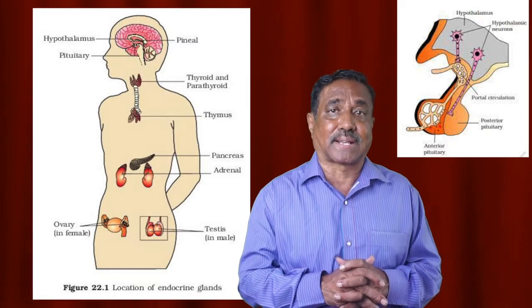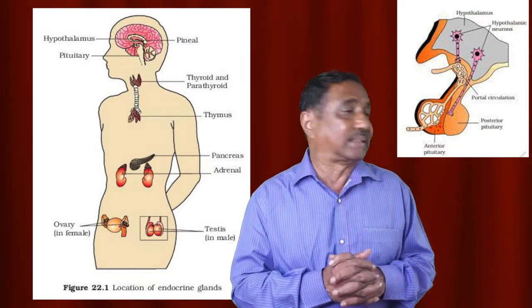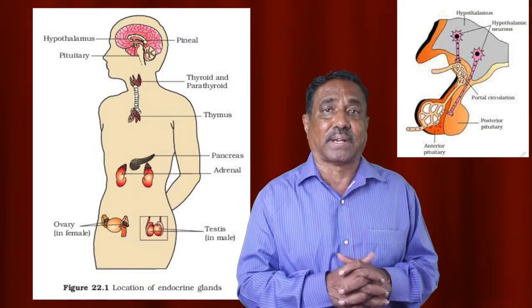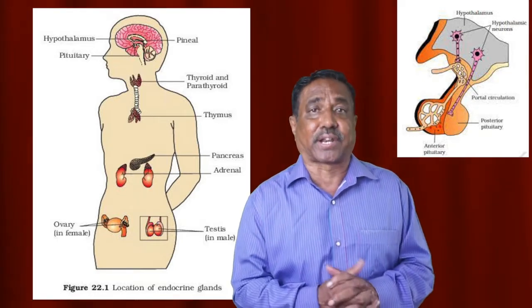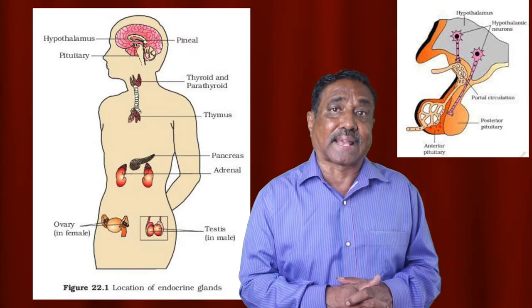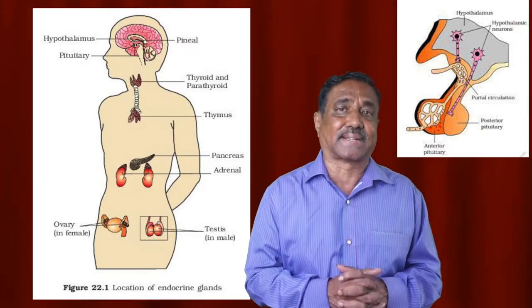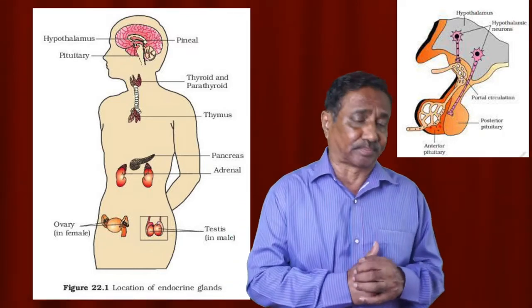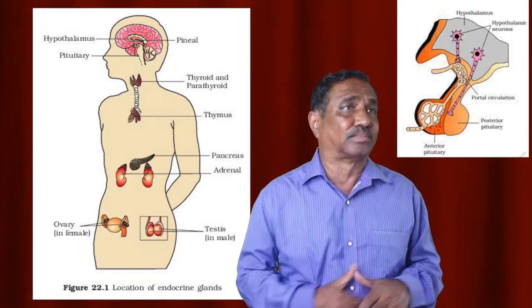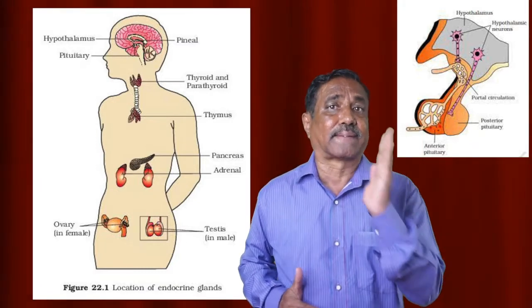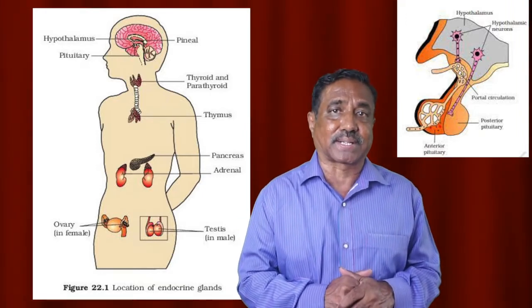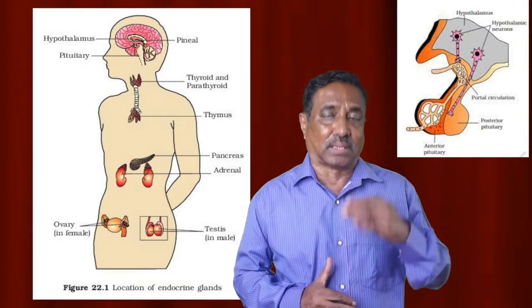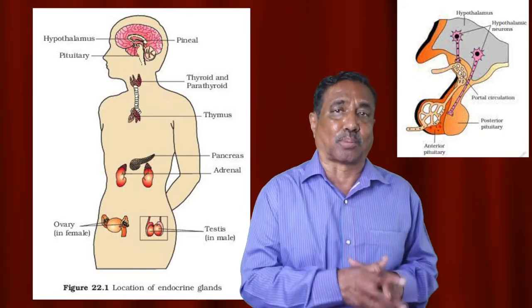Under secretion causes dwarfism, and under secretion in adults causes Addison's disease characterized by dry skin and degeneration of the sex organs. That is about the growth, that is somatotropic hormone.